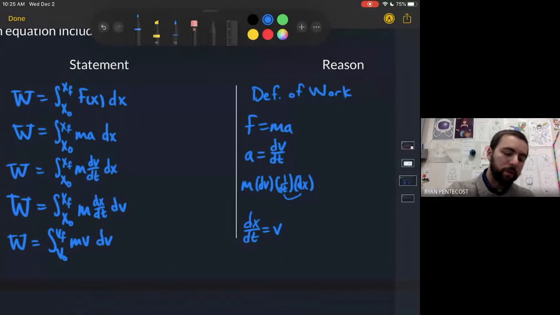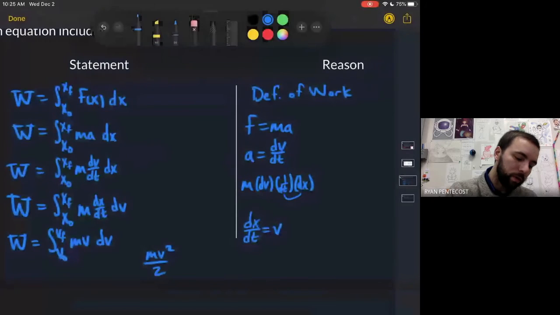Now we can just evaluate the integral. The integral of mv would be mv squared over 2, right? So you have mv squared over 2 from v naught to v final, which comes out to 1/2 m times v final squared minus v naught squared.